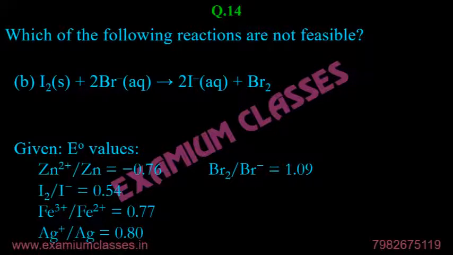E cathode minus E anode. Where do you have reduction? This one is reduction.